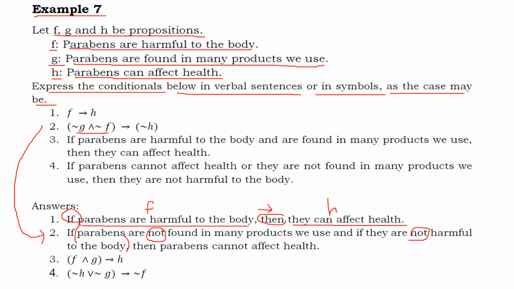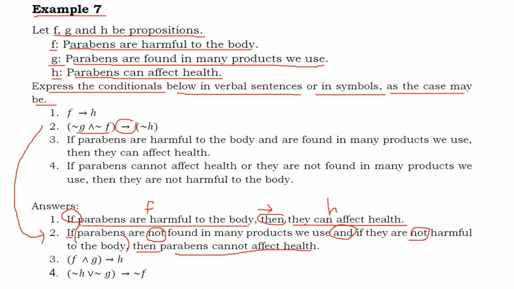As you can see, this one is negation G, conjunction, negation F. This symbol will serve as the conjunction. The if-then here will represent your conditional. Then negation H, we simply put not to your H there: parabens cannot affect health. We are simply opposing the meaning of your proposition H, that parabens can affect health. So that's how we express this one in a sentence or in words.